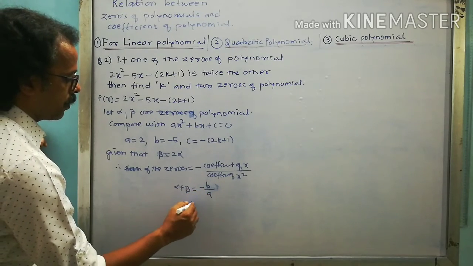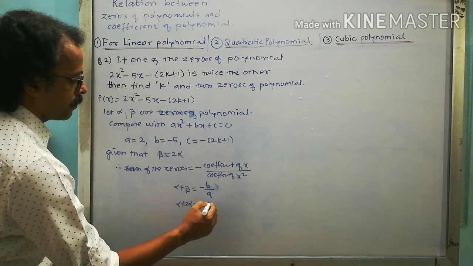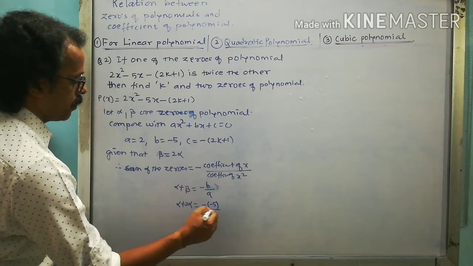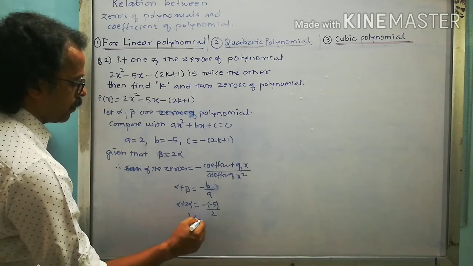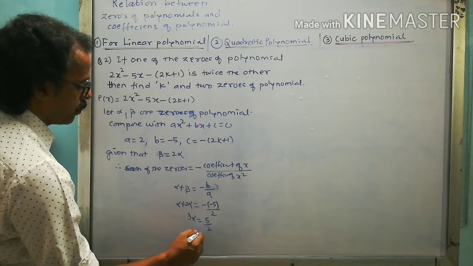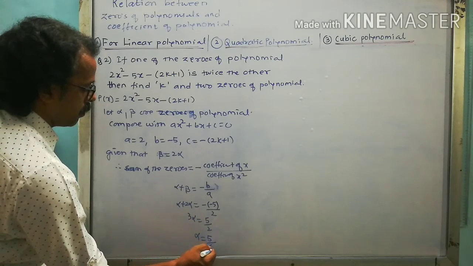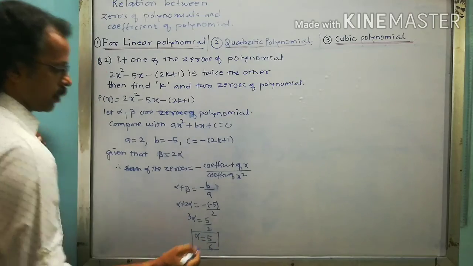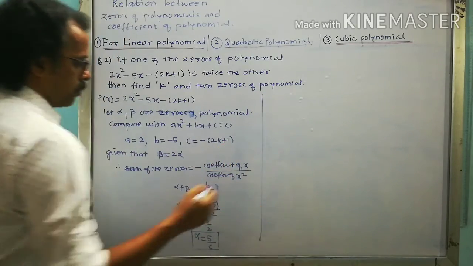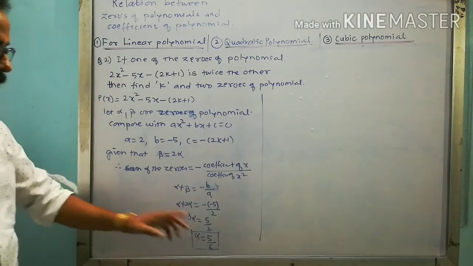Alpha plus 2 alpha is equal to minus of minus 5 upon 2. 3 alpha is equal to 5 upon 2. Alpha is equal to 5 upon 6, right? So this is the way how we found first alpha.